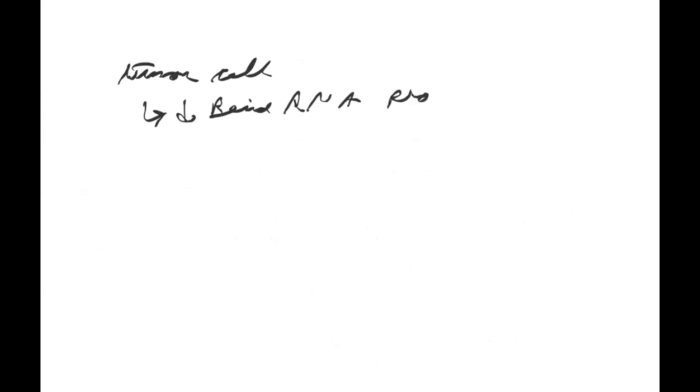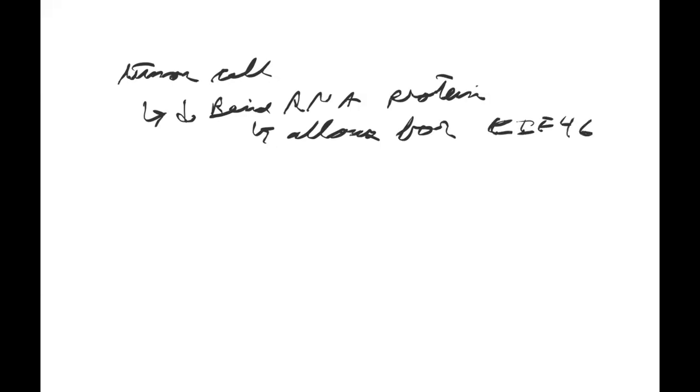Okay, so when it is a tumor cell for the glioblastoma, you have decreased binding RNA proteins, which allows for EIF4G binding at the IRES.